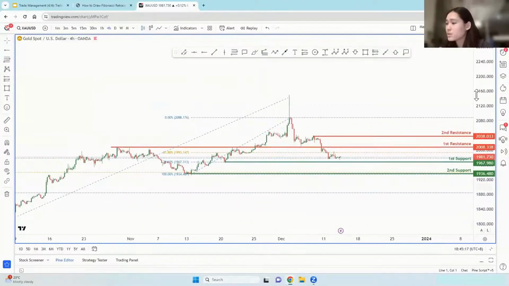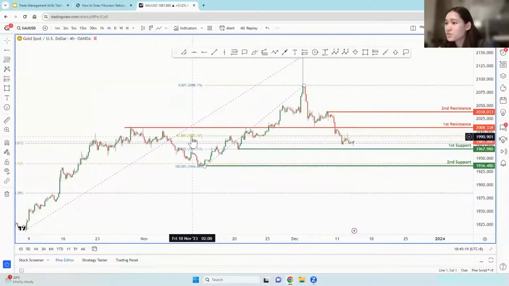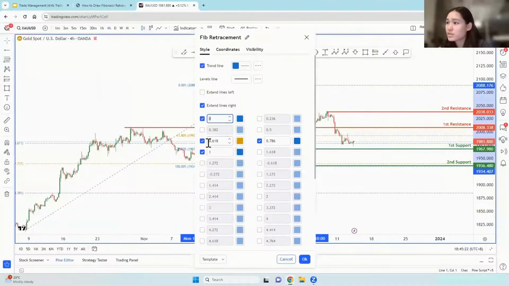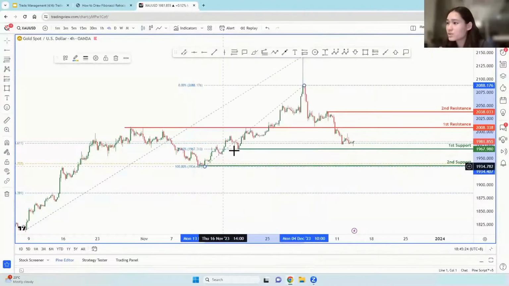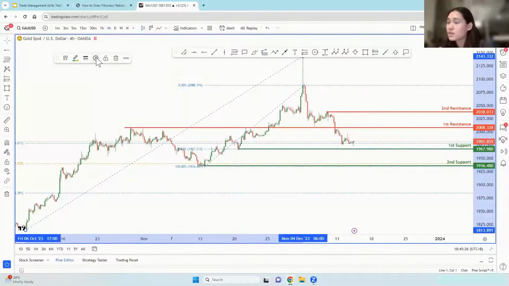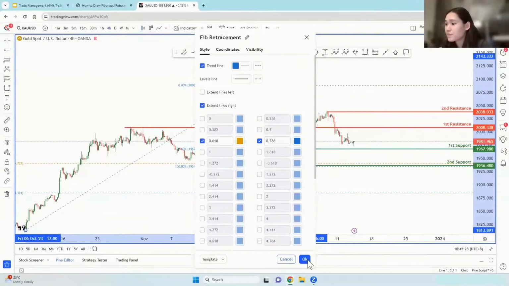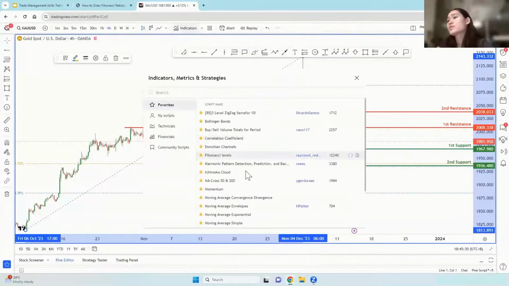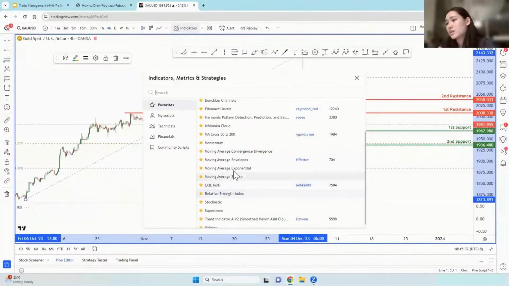That's all the levels that we have here. I'm actually going to remove the 61.8, because I can't find any other levels to match up with that, as well as our 50%. Now let's go in with our indicators.